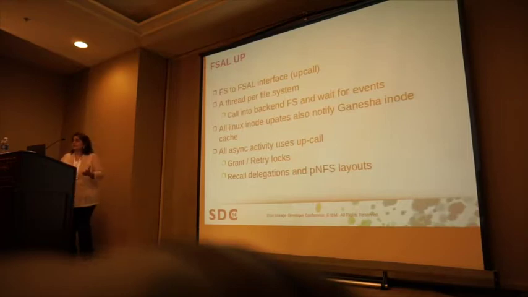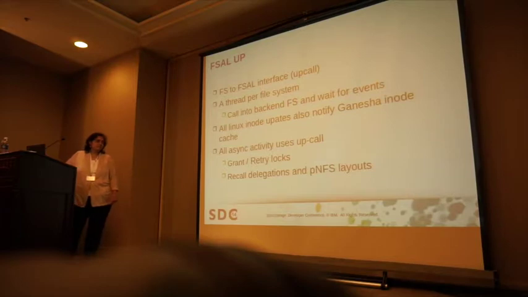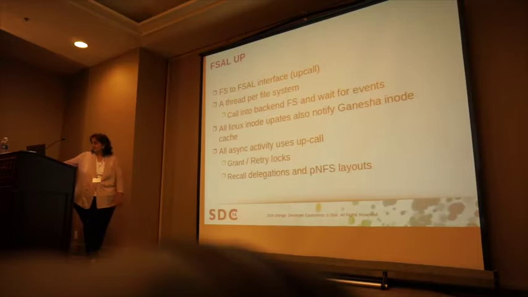Because NFS Ganesha has a big metadata cache, and if a Linux inode is updated, we have to notify and invalidate it. Also, there is a bunch of async activity which uses upcalls, which is grant or retry locks, recall delegations, and pNFS layouts.